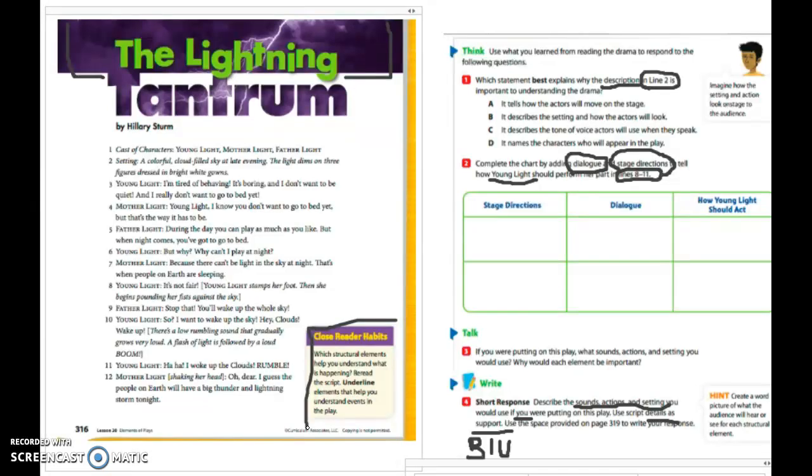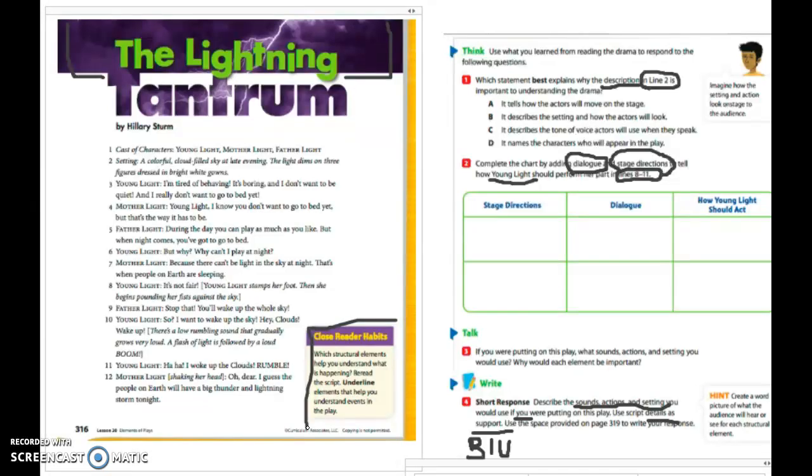Hey, clouds, wake up! There's a low, rumbling sound that gradually grows very loud. A flash of light is followed by a loud boom. Young Light: Ha ha! I woke up the clouds! Rumble! Mother Light, shaking her head: Oh dear, I guess the people on earth will have a big thunder and lightning storm tonight.